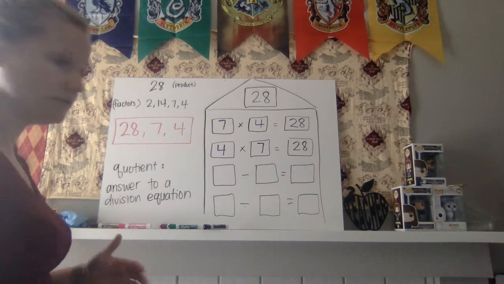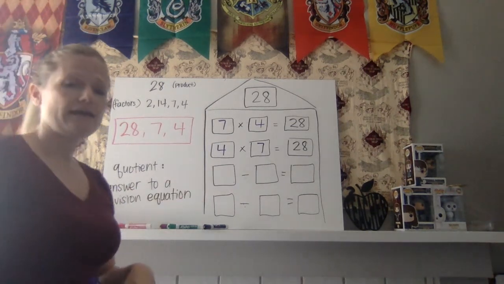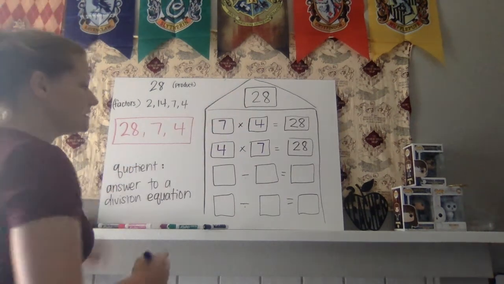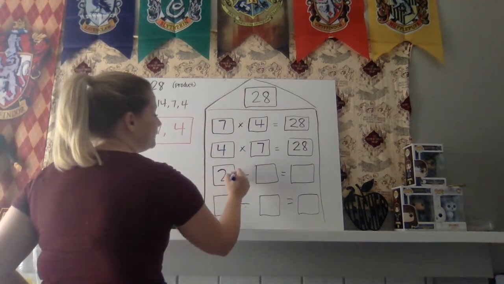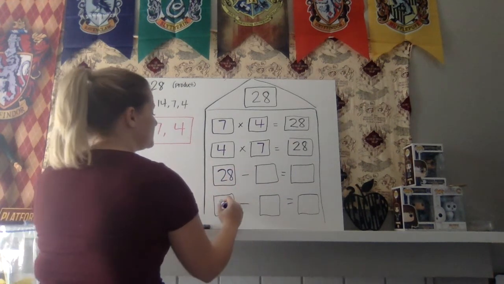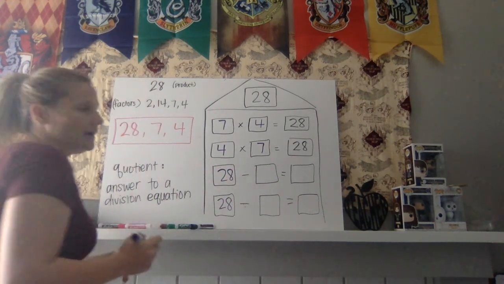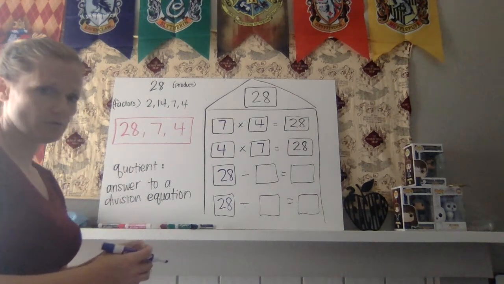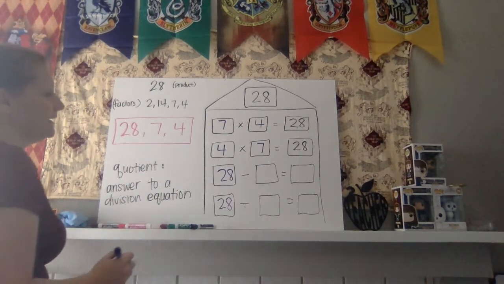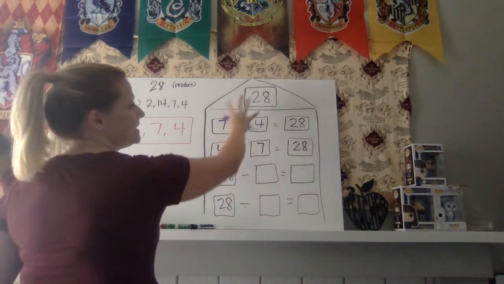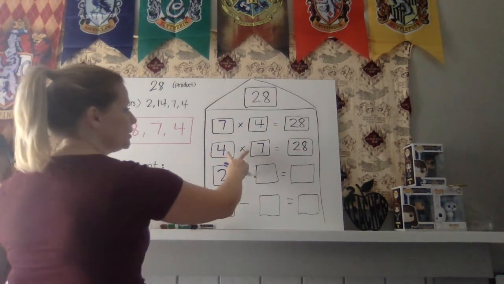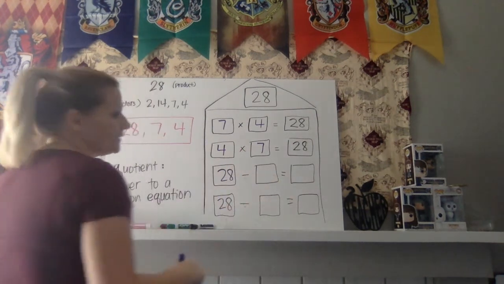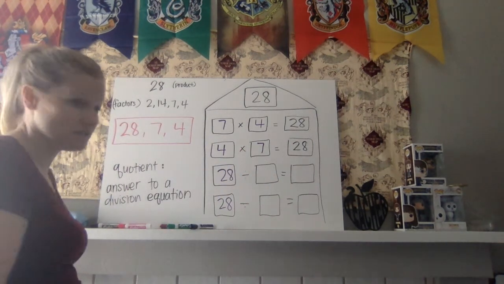So now we're going to look at division. And our answer, this 28, which is the biggest number, is going to now go in your very first box, okay, because we're taking something big and we are grouping it into smaller groups, okay? So now what we can do, because this is a fact family, is we're going to use 4 and 7 in these two equations, but we have to figure out which one goes in which box, okay?